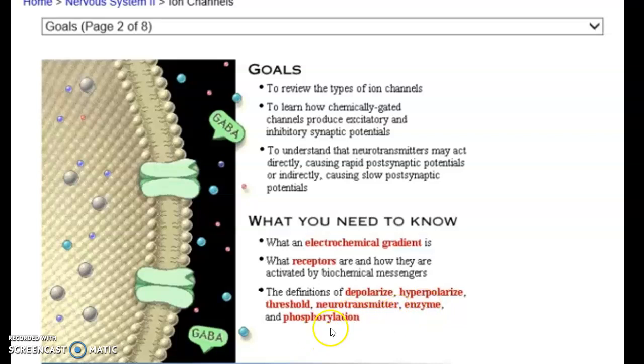So those three things we've talked about quite a bit now, and we've introduced that when we have a different charge on either side, a positive charge here and a negative charge here, that is a polar situation. In the resting membrane potential, we have the negative charge on the inside of the membrane and positive charge on the outside, primarily because of all the positive sodium ions out here.